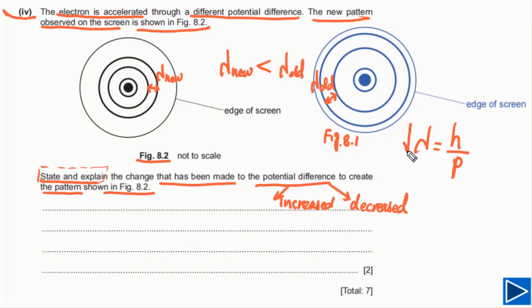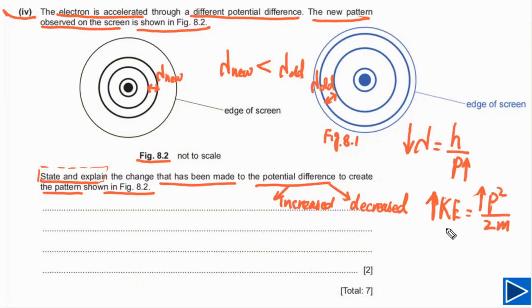If lambda has decreased, it means momentum has increased. So the momentum of the electron has increased. Now we need to understand the relationship between kinetic energy and momentum. Kinetic energy is equal to momentum squared divided by 2m. So if momentum of the electron has increased, kinetic energy of the electron has increased as well.